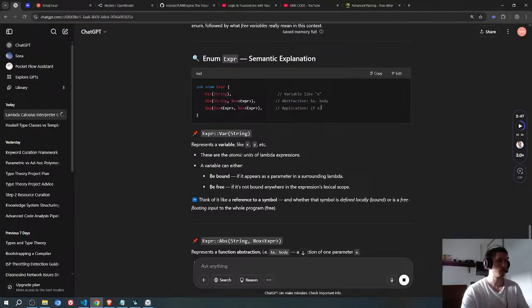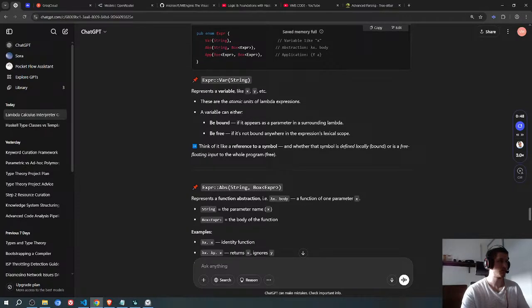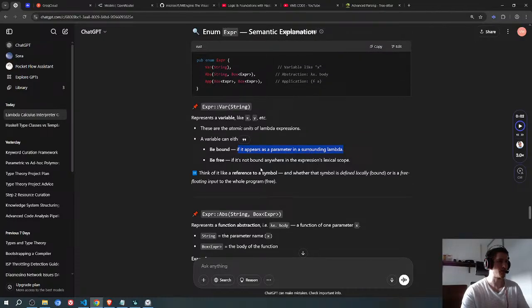Abstraction, application. Abstraction is the lambda, application is the function. Yeah, so it is what I was thinking about.